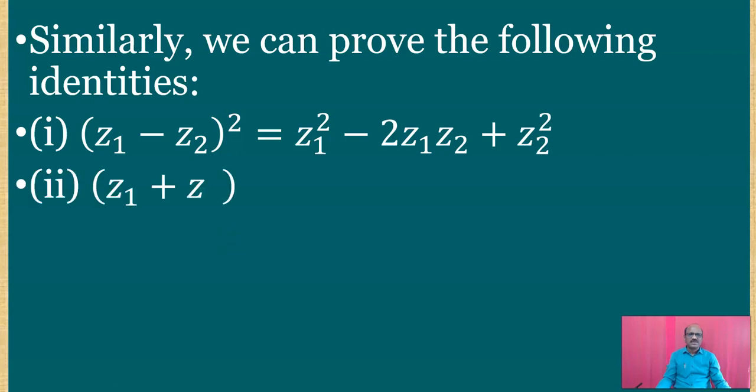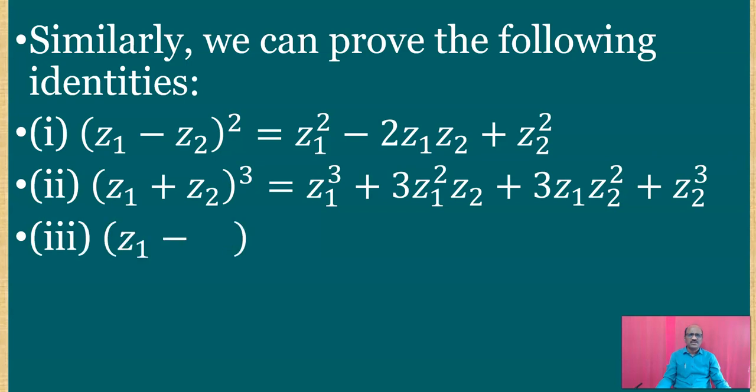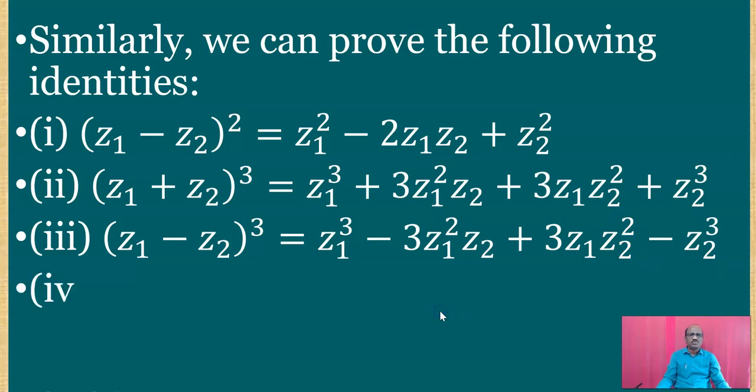Second, (z1 + z2)³ = z1³ + 3 z1² z2 + 3 z1 z2² + z2³. Next, (z1 - z2)³ = z1³ - 3 z1² z2 + 3 z1 z2² - z2³.